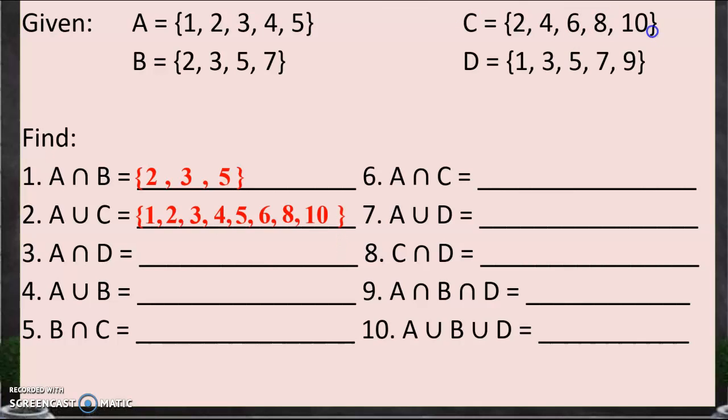Did you get it? I hope so. Number 3. The intersection of A and D. So A intersect D. Intersection, common elements. So common elements of A and D are 1, 3, 5.